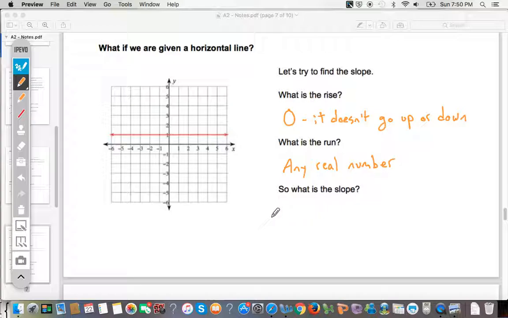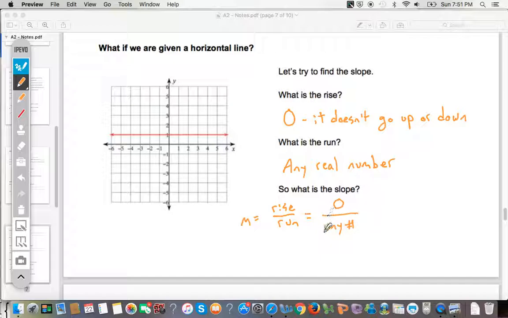So what is the slope? So I'll put m equals rise over run. Our rise is 0, and our run is any number.